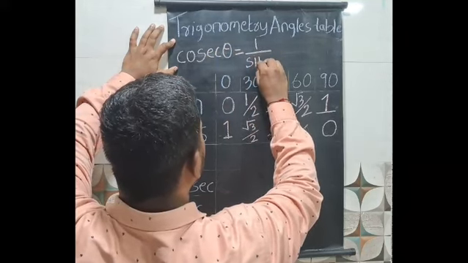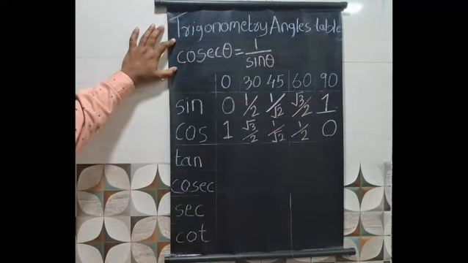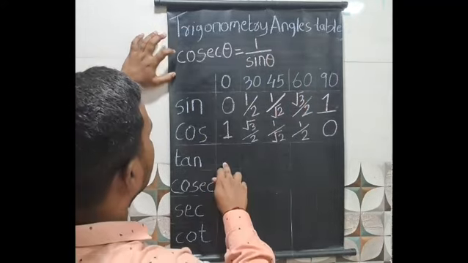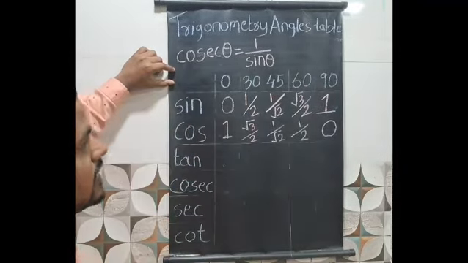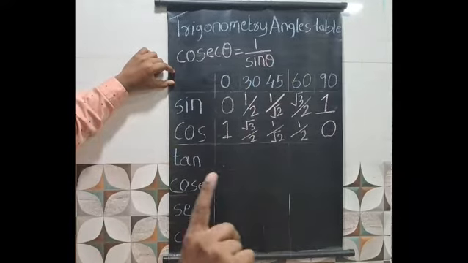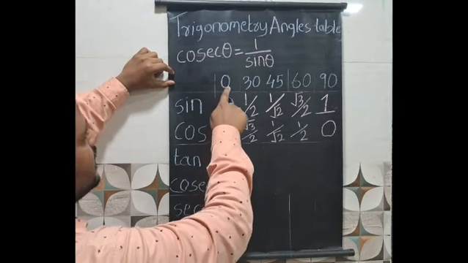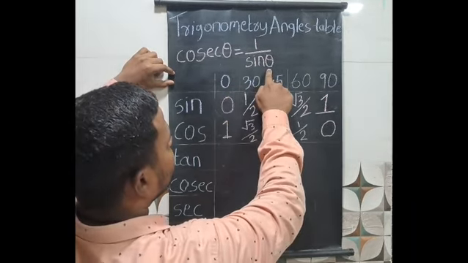This is the formula, which means the cosec values for each of these angles are simply the reciprocals of the sine values. Let's start with 0 and substitute 0 over here.